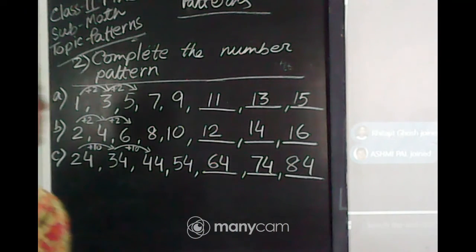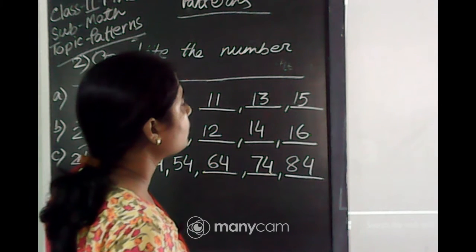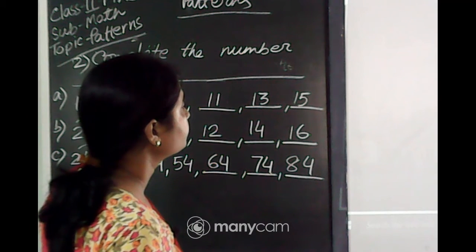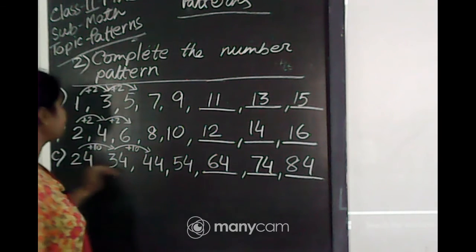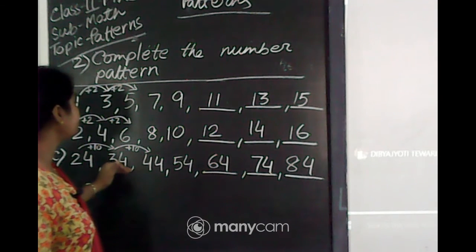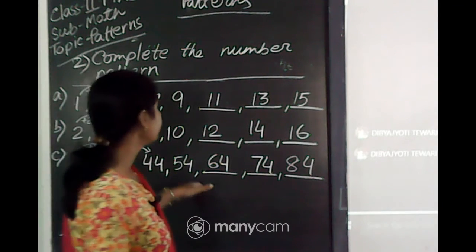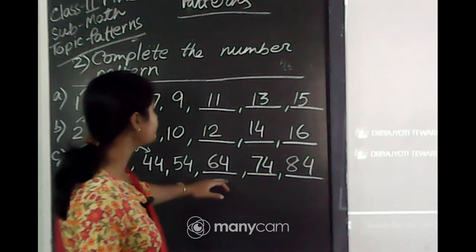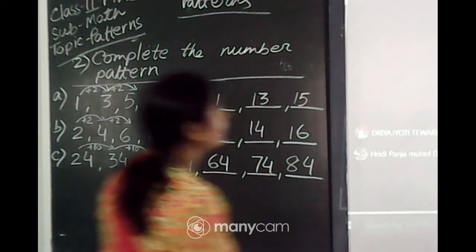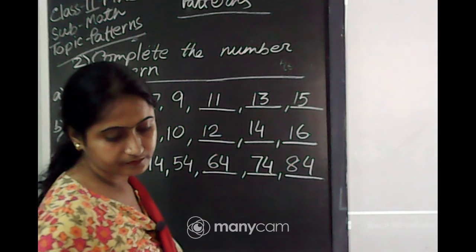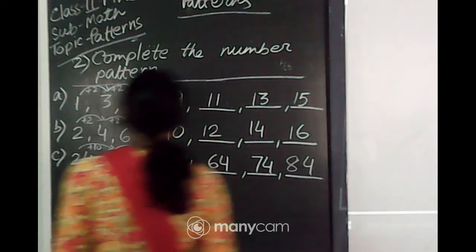Here we add 10. Solve the answer. 24 plus 10, 34, 34 plus 10, 44, 44 plus 10, 54, 54 plus 10, 64, 64 plus 10, 74, 74 plus 10, 84. And next number D.